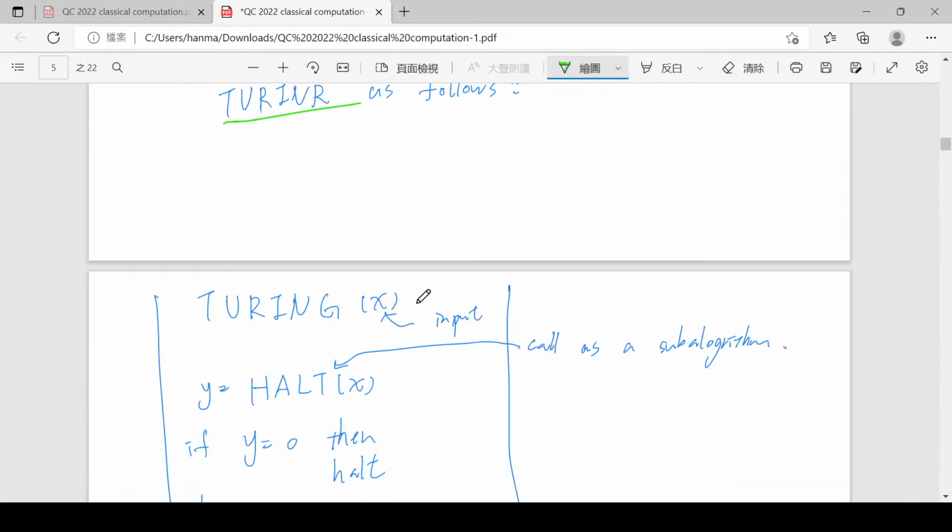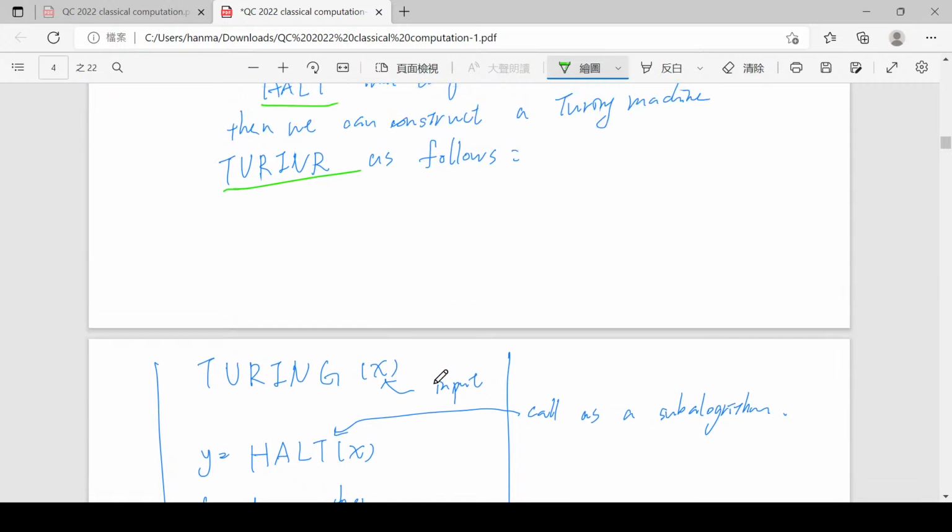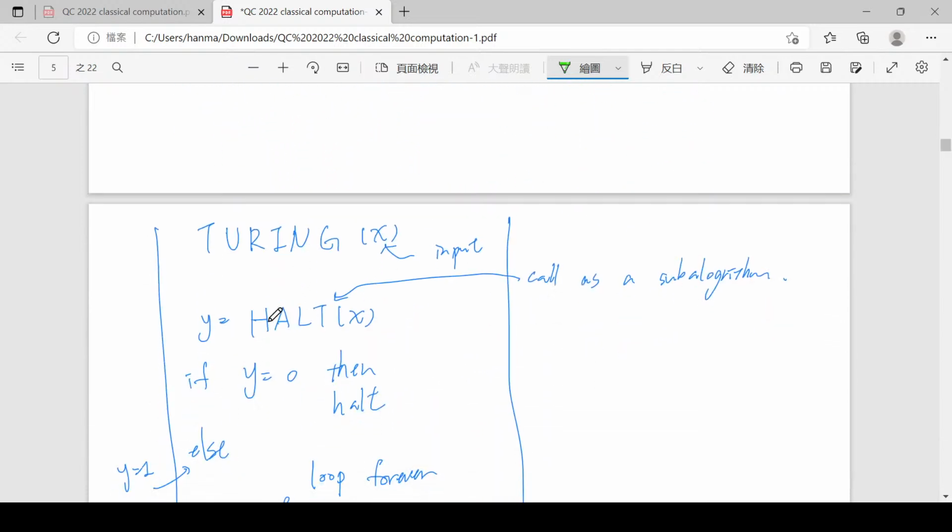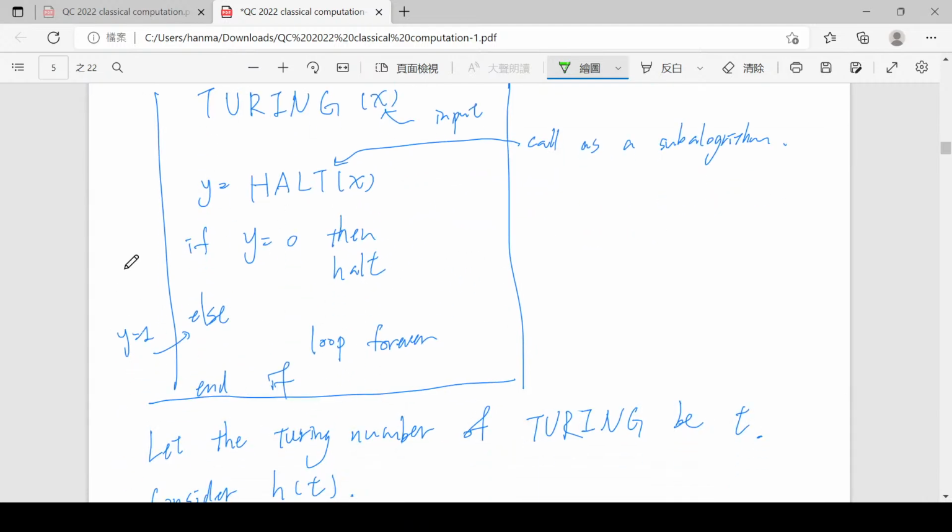Our Turing will take some input x, probably a Turing number, like halt. First it will compute this variable y, that is, it will call halt of x. This is possible because we assume halt exists. So you first see whether x will halt on itself. You call halt to compute h of x. And then you do this very contradictory flip around.